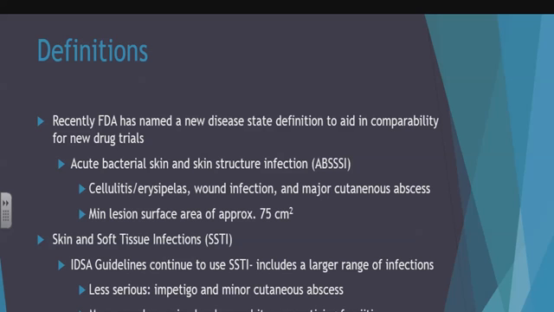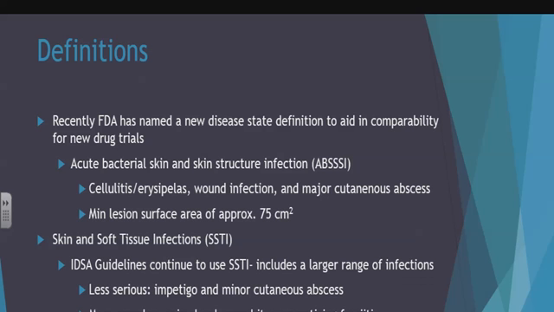So other things that are included in the skin and soft tissue infection guidelines, as well as the things we'll see in clinical practice, that are not included in this indication via the FDA's approval, would be less serious infections, like something more superficial, like impetigo, minor cutaneous abscesses that are not big enough to be considered large enough for SSTI, and then more complex types of skin infections, like an animal or human bite wound, as well as necrotizing infections. So these are too severe to be considered in that definition.